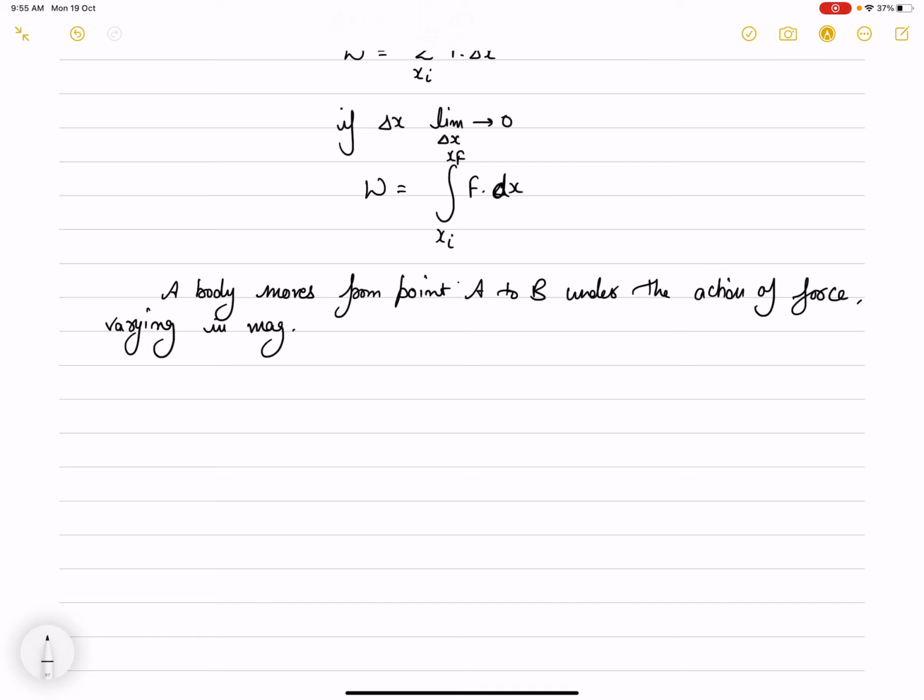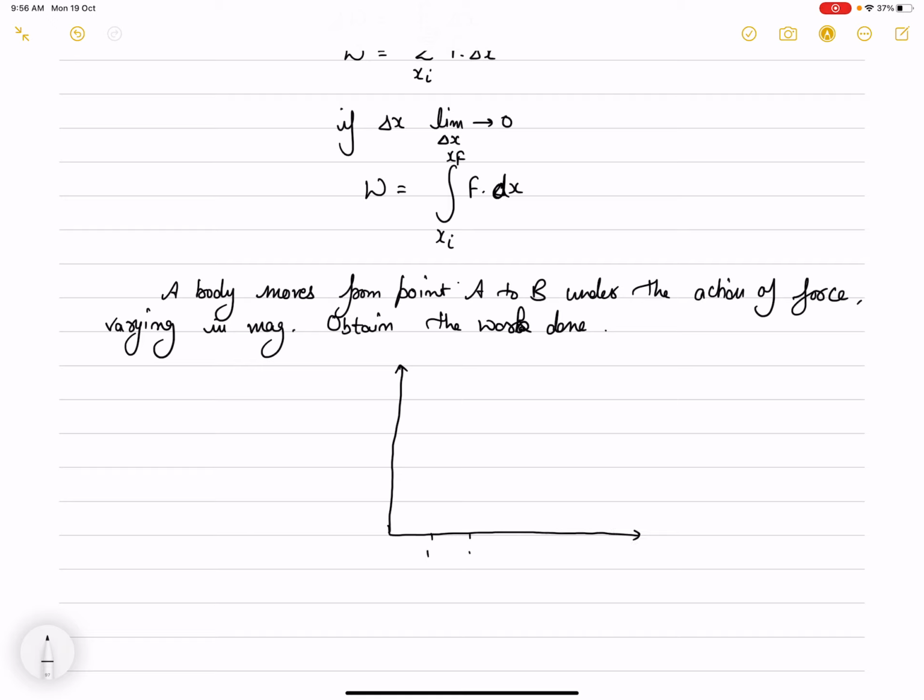I'll show you in the diagram. Obtain the work done. The force in this expression is in Newton and displacement in meter. So here is the graph that is given to us.